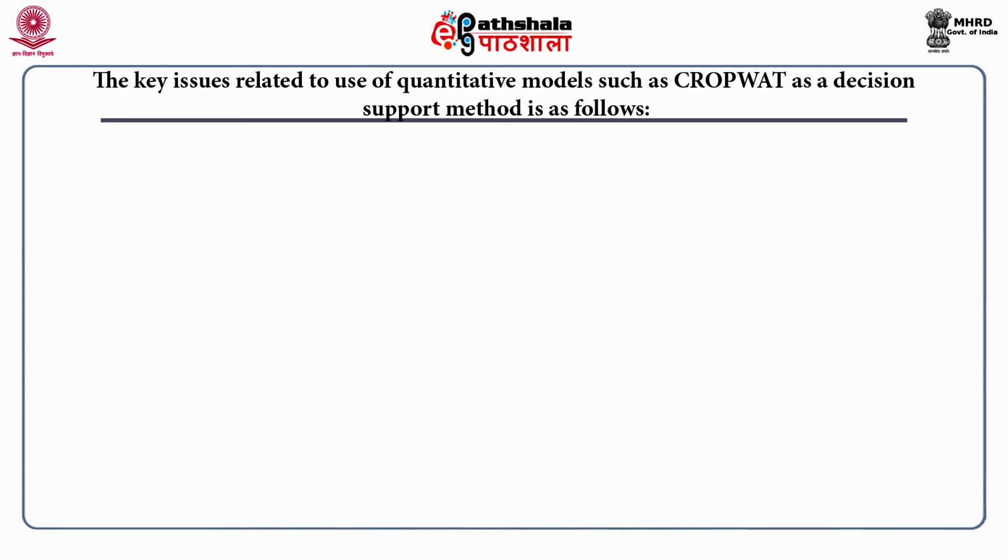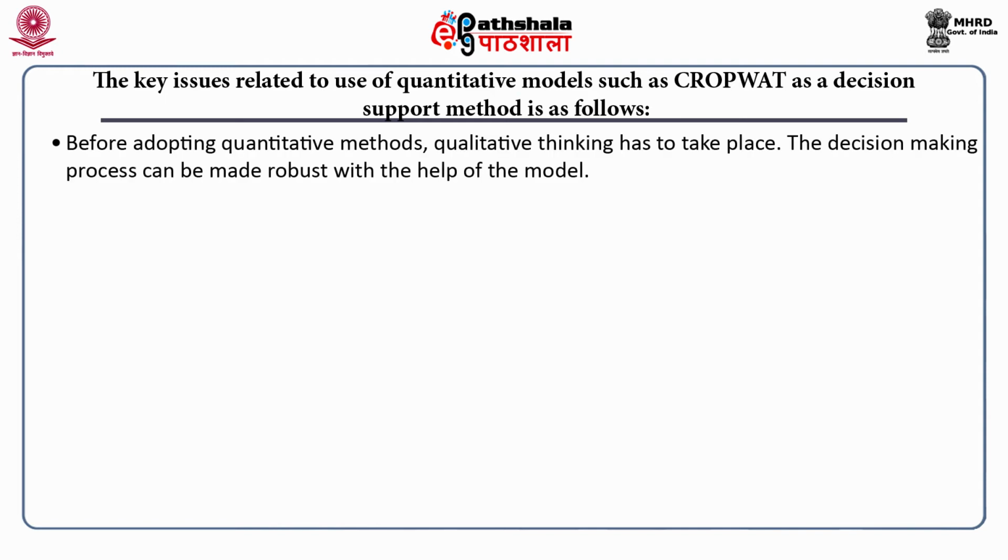So there are certain key issues in which quantitative models such as CropWat help in decision making. Before adopting quantitative methods, qualitative thinking is certainly required. For example, when I was mentioning sugarcane, we have to of course debate whether sugarcane really needs to be grown in a certain region.